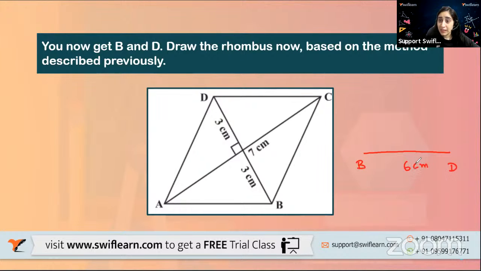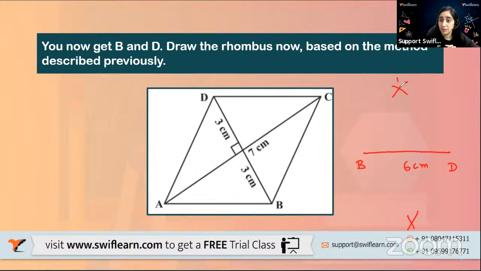How to make an exact 90 degree that comes in the center: make an arc a little ahead of this. Go a little ahead and then make an arc on the top. Make an arc at the bottom as well. Now put the center taking D, not changing the measurement. You make this arc and you make this arc.